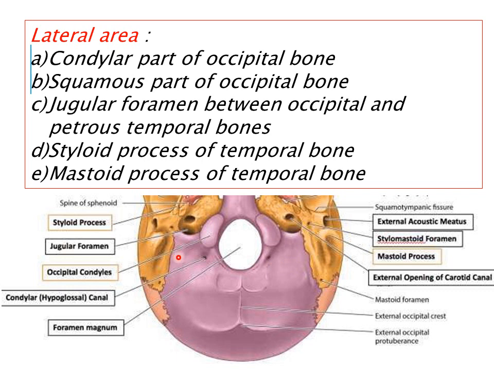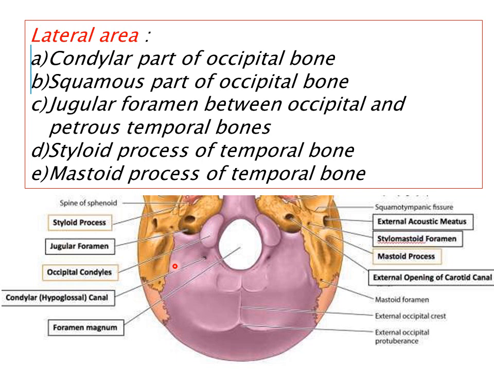This is the jugular foramen, present on either side. And the styloid process of the temporal bone, I have already told you, this is the styloid process, and this is the mastoid process of the temporal bone.